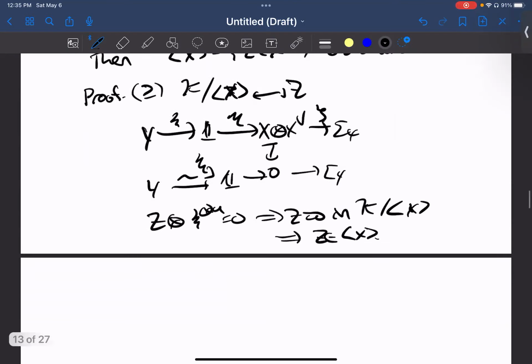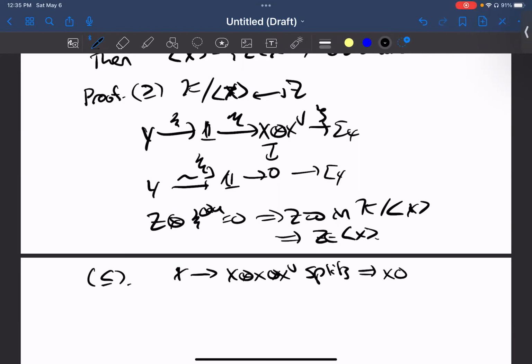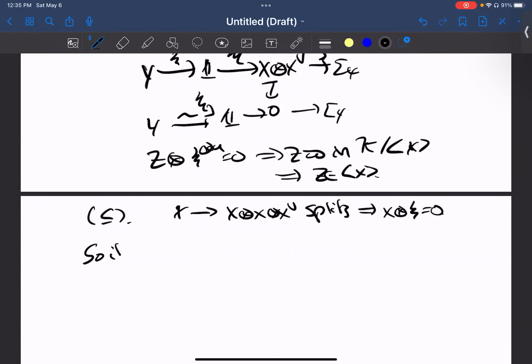So that's one containment. For the other containment, we use the fact that X to X tensor X dual splits. So this implies that X tensor Z is equal to 0. And so it suffices to show the right-hand side is an ideal.